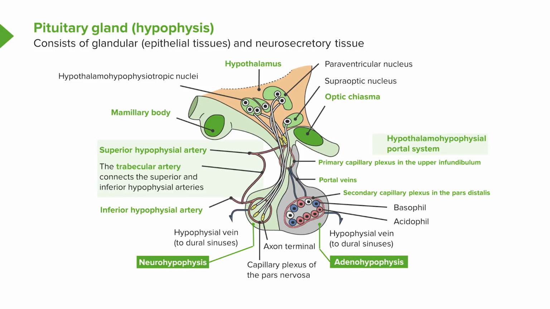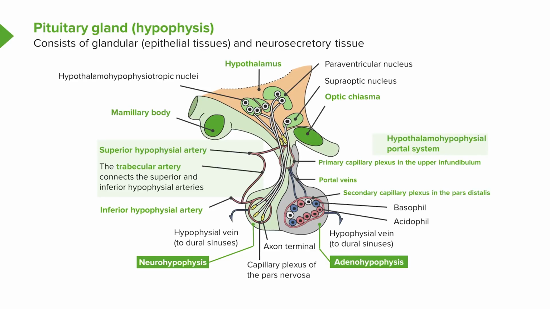That's a very important primary plexus of capillaries because those secretory products, the releasing factors I mentioned earlier from those hypothalamo-hypophysiotropic nuclei, are secreted into that primary capillary plexus. From that plexus, the blood then flows down through portal veins along the infundibulum, and then they all supply the anterior pituitary.